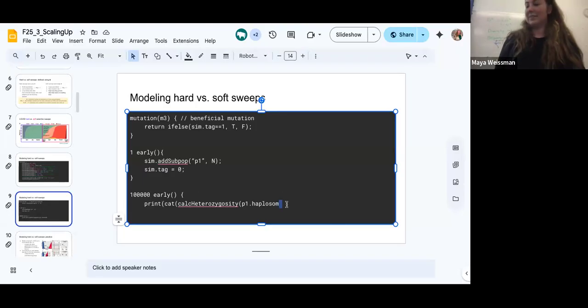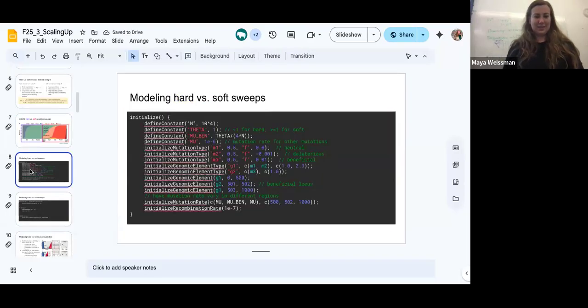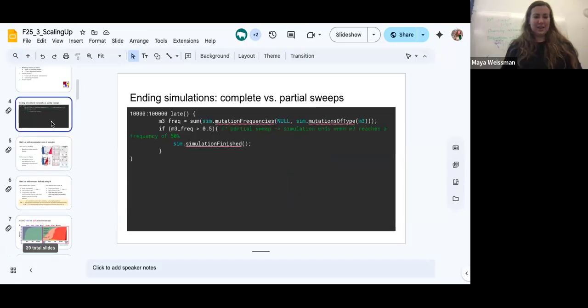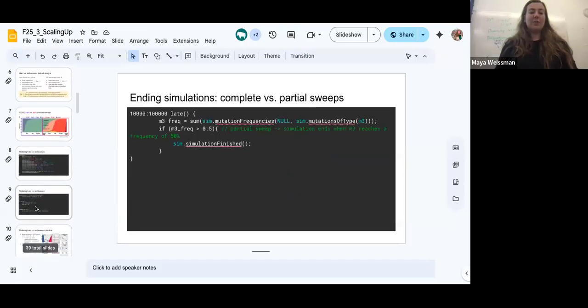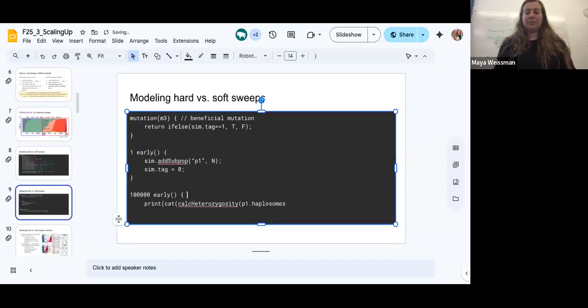In the code from the few slides up, that's at the end. So I'm just creating the end of the burn-in. Run the haplosomes. Well, I probably want pre-sweep.